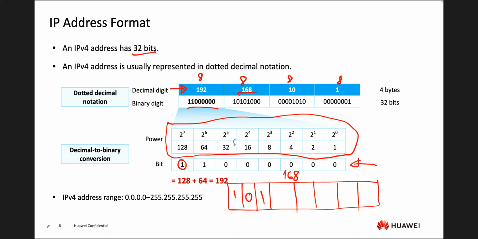Then you go to 16. Can 16 go in there? Not really, because it's still too low, so that goes out. And then the last one is 8, which goes in there. Then the remainder becomes 0. So that's how you work out the binary to decimal.